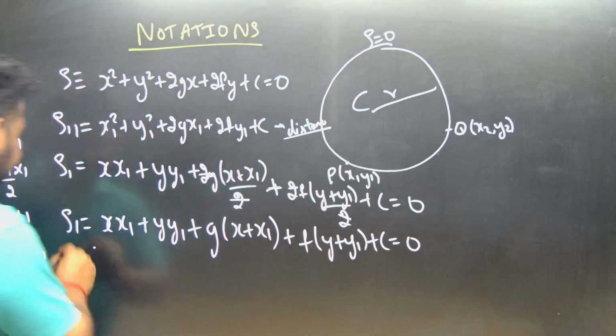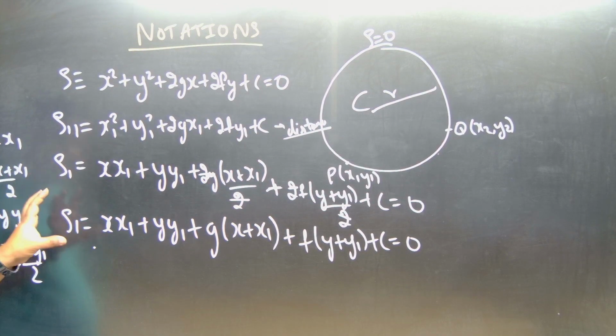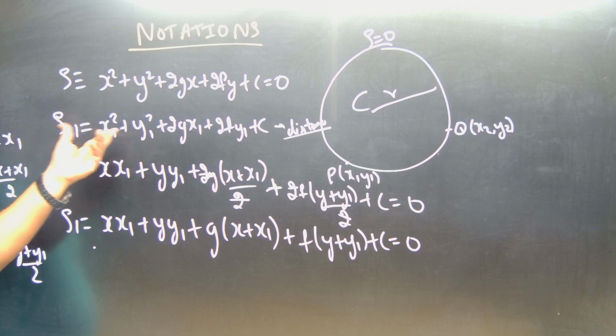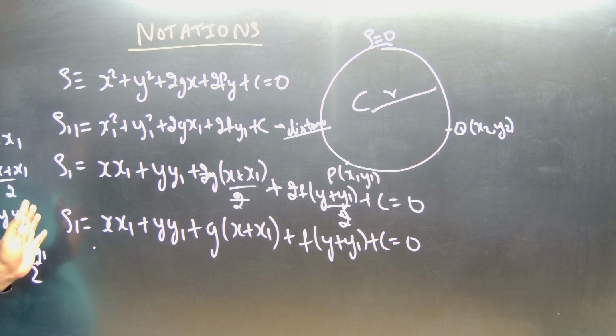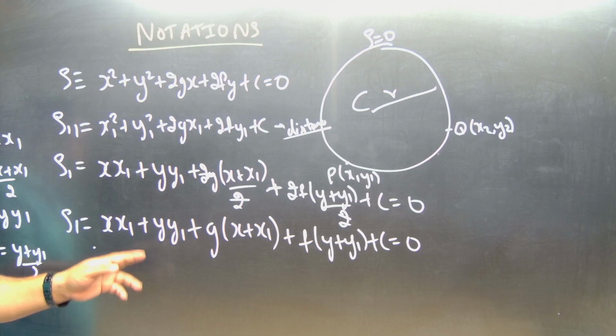This is the formula or notation you should remember for S1. S11 means whatever x and y value is there, you replace it by x1 and y1. But S1 means x square you replace by xx1, y square by yy1, x by x plus x1 by 2, and y by y plus y1 by 2.